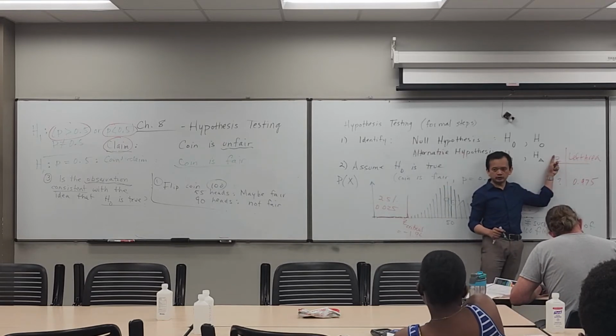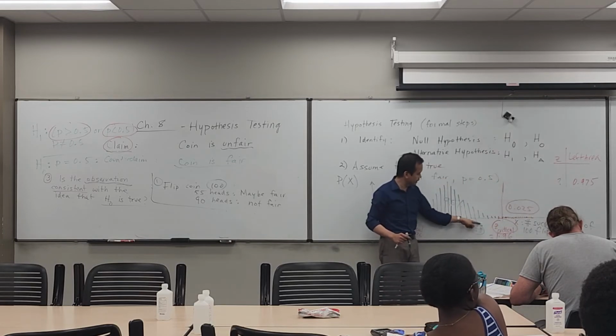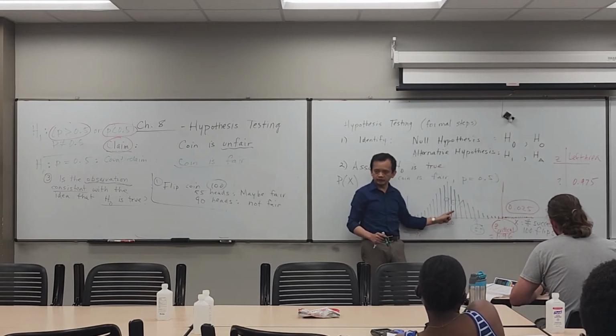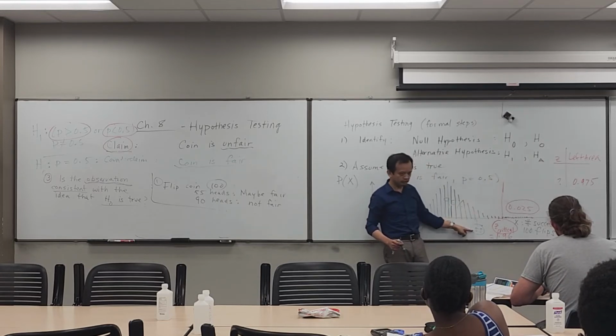But in this case, for this observation of 55 heads, you don't necessarily know what that left area is. So we wouldn't be able to use the chart directly to get the z-score for the observation.